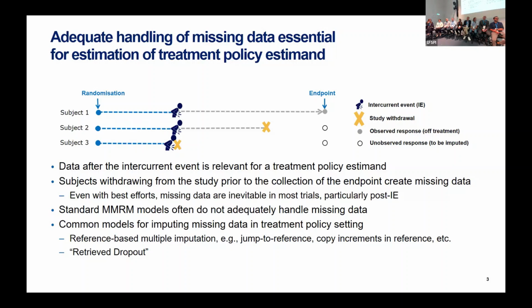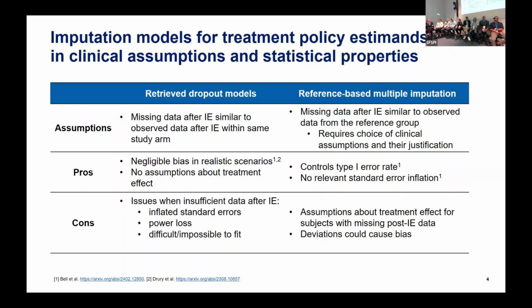So for example, on this slide, you see a key outcome of our work, and you see the comparison of retrieve dropout methods and reference-based imputation methods. And really, the takeaway is that the clinical assumptions and statistical properties are different.